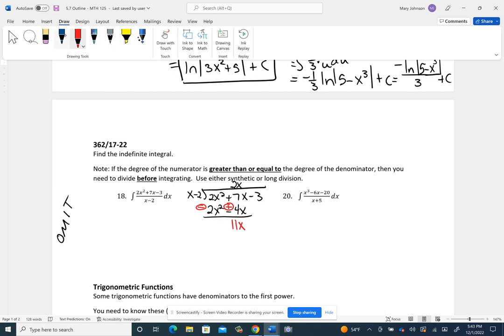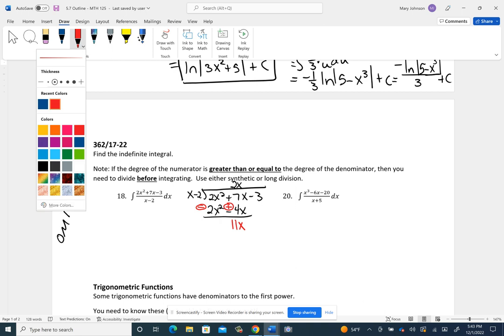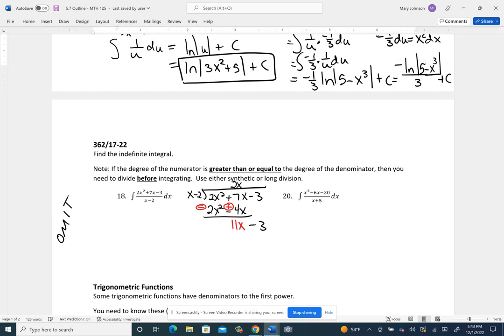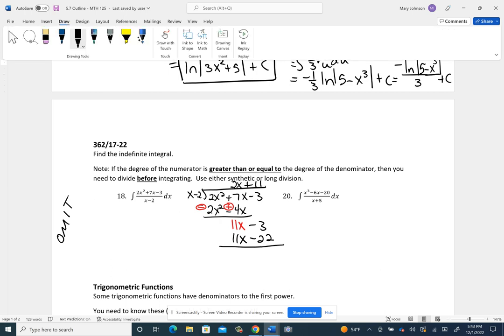All right, so now I'm going to bring down that minus 3. Now x goes into 11x 11 times. This is just like long division you used to do with numbers. Then I'm going to take the 11 and multiply back, and I'd get 11x minus 22. So the next step of the algorithm involves subtracting.